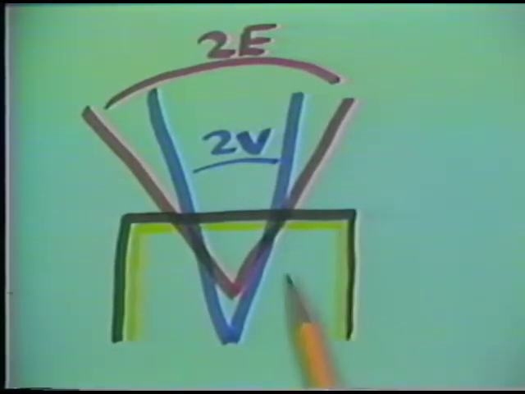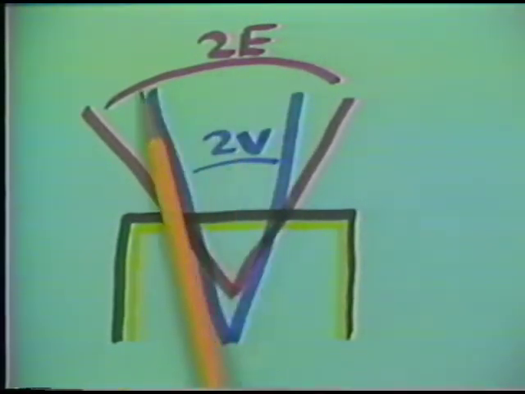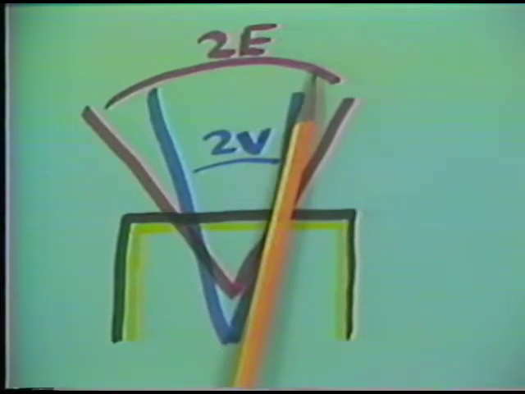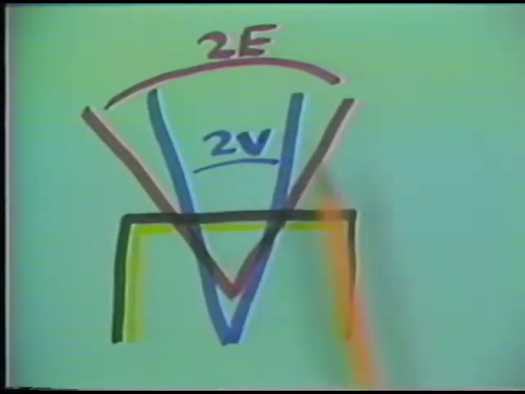Remember that if this is air or this is your immersion oil, there is a difference of refractive index that occurs between the mineral and the material surrounding it. And this makes the 2V angle usually appear to be larger than it actually is. And the difference then between 2V as it actually occurs and 2E, which is something we actually observe, depends on the difference in refractive index between the material surrounding and the mineral grain itself.